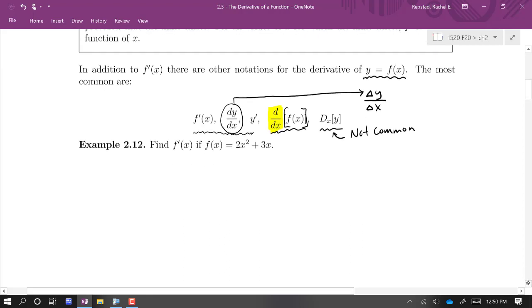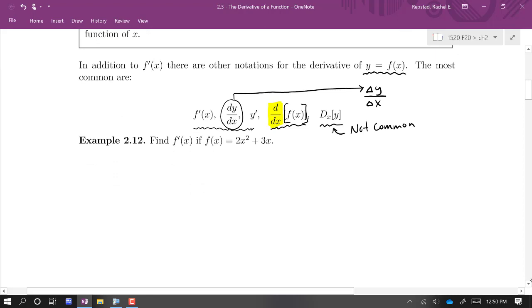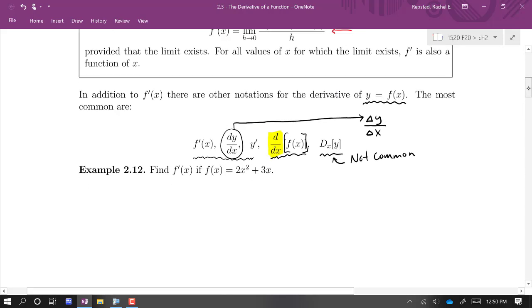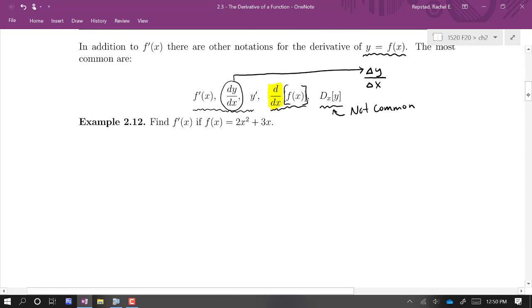So we're going to do an example. Let's find f prime of x for this function. f of x is 2x squared plus 3x. We're going to do what we did last time. If we're finding the derivative, then we're going to set up this limit. So we need an expression for f of x plus h. So we're going to replace x with x plus h.